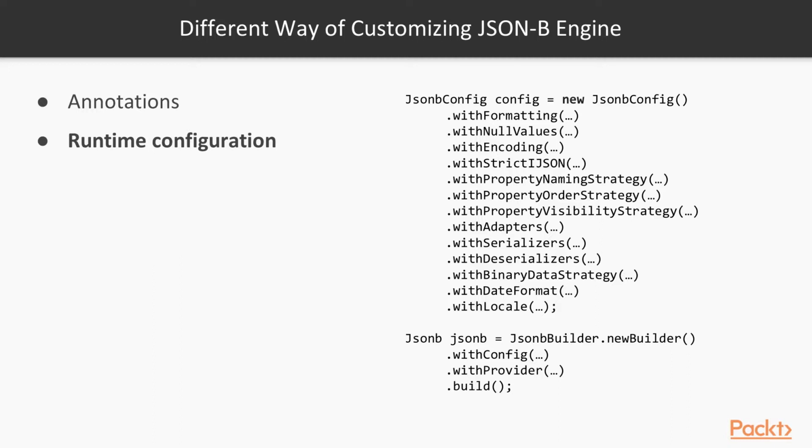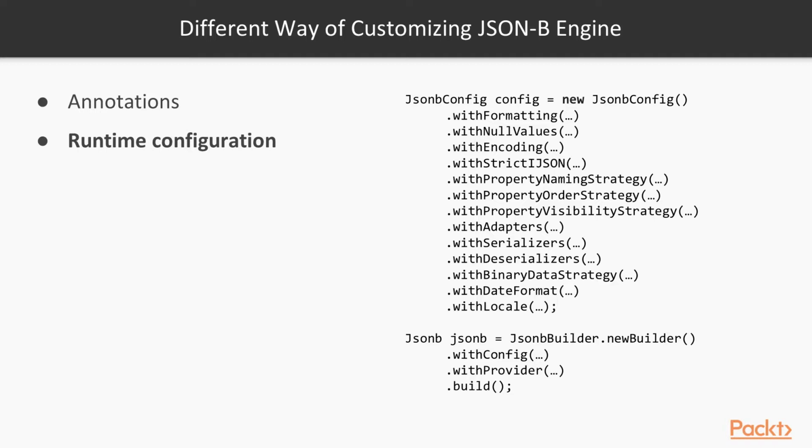JSON-B builder is also used to create a default JSON-B engine. Remember the create method? To build a custom engine, you create a new builder. It has two methods: with config, where you pass your configuration, and with provider, which can be used to specify a JSON-B implementation you will use in this particular instance.